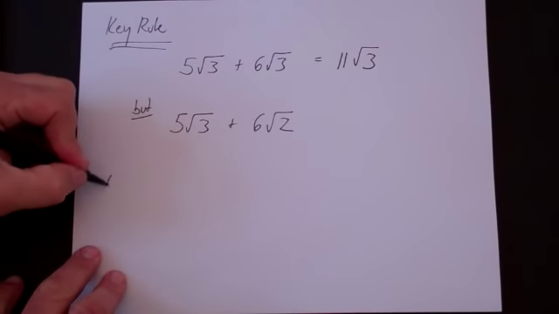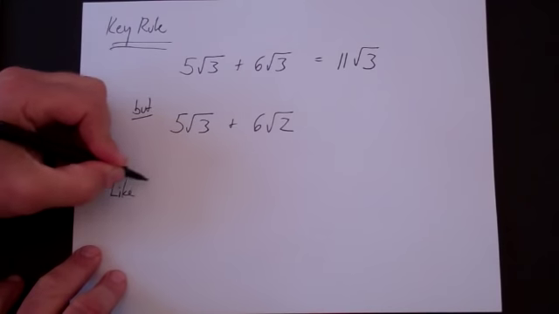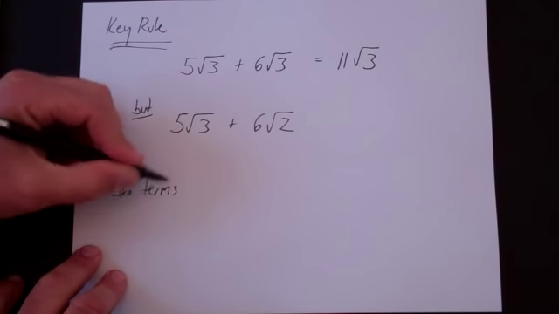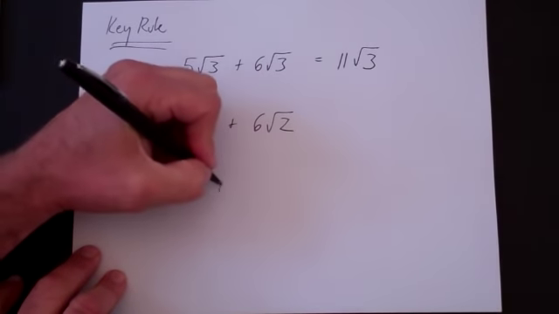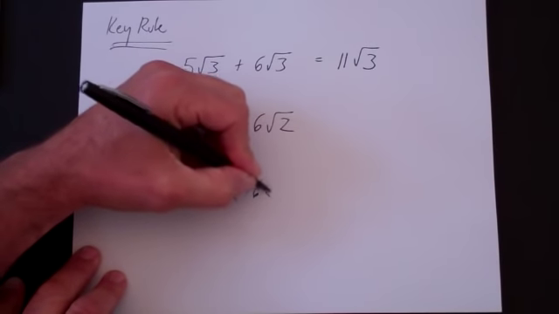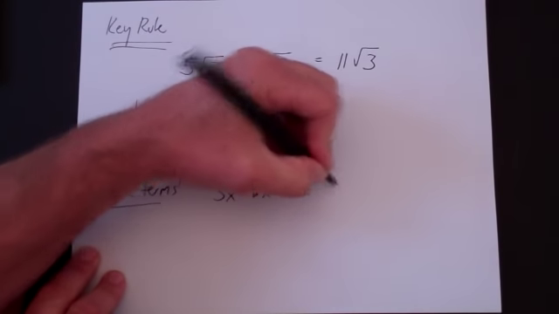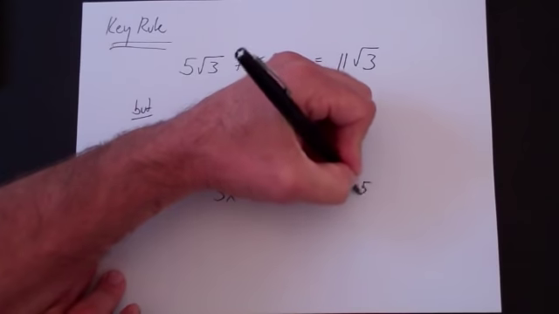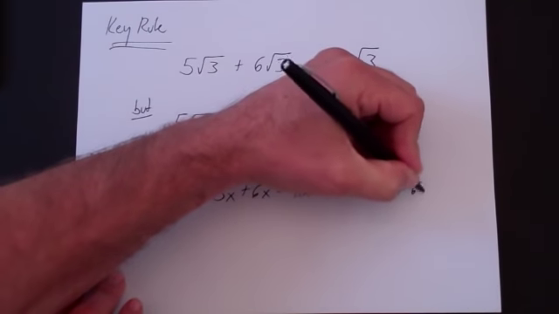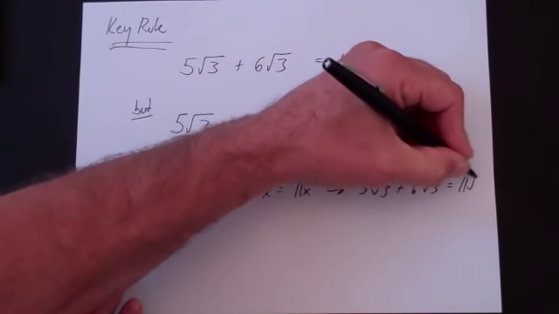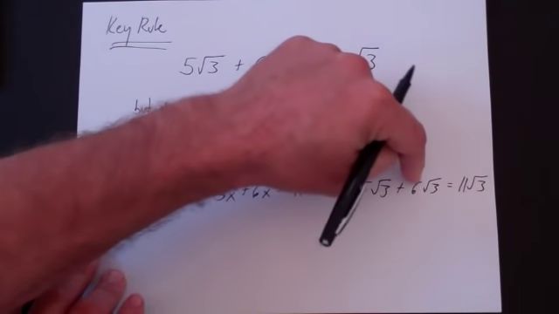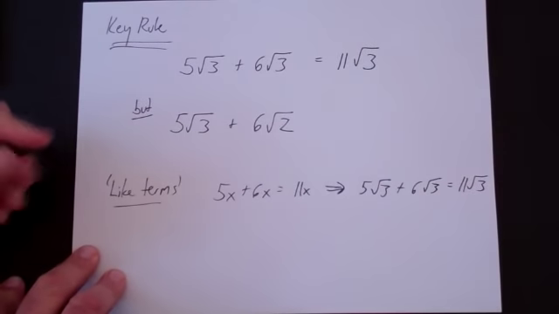So it's similar to the idea of like terms. 5x plus 6x is equal to 11x, which means 5 square root of 3 plus 6 square root of 3 is 11 square root of 3. In other words, if you have 5 of something and 6 of something, you have 11 of something.